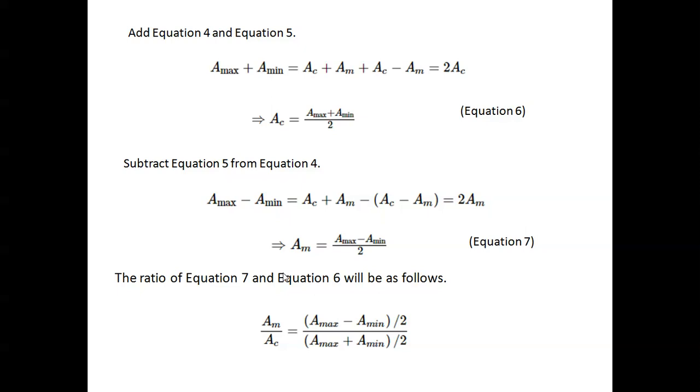So what is the formula for modulation index? It's the ratio of Am to Ac. We just apply the values we found: A maximum minus A minimum, and similarly A maximum plus A minimum.